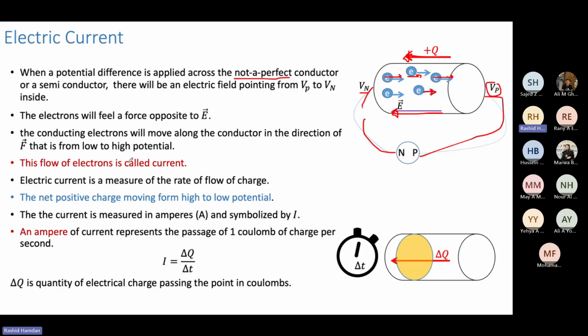Now, electrons are negatively charged, so we can imagine a positive charge flowing in the opposite direction. The flow of charge, we call it a current. And how do we define it?